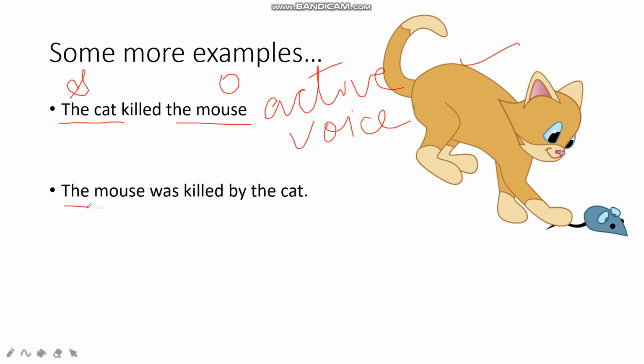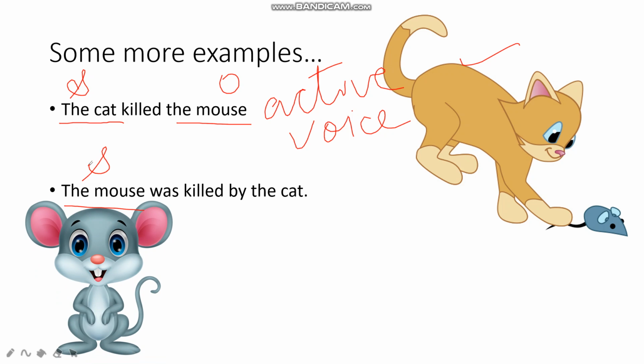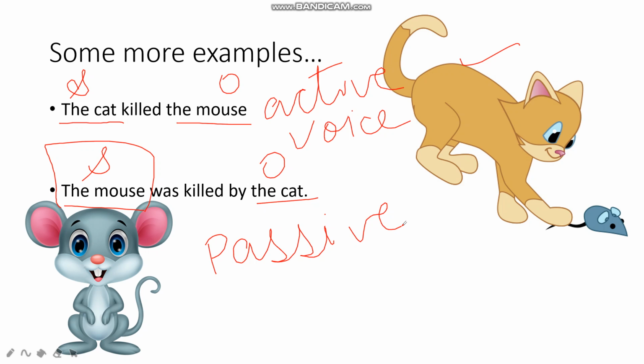Here you see that the emphasis is on the mouse. Here mouse is the subject and the cat is the object. The cat is still doing the action of killing, but the emphasis is on mouse. And thus this is passive voice. I hope it is clear to you.